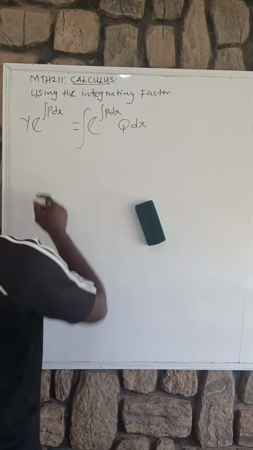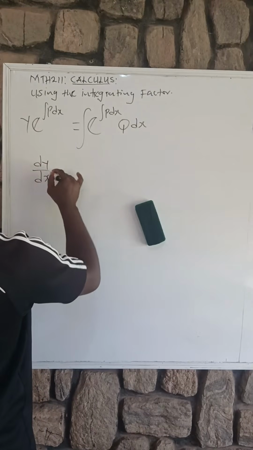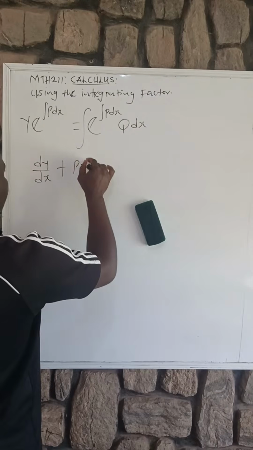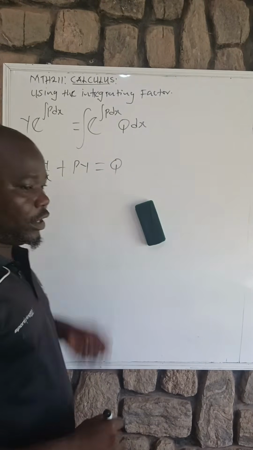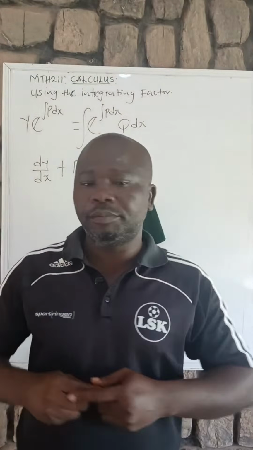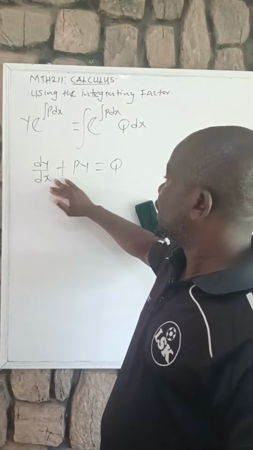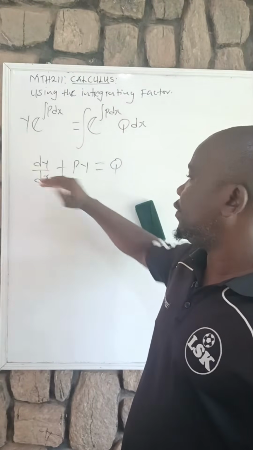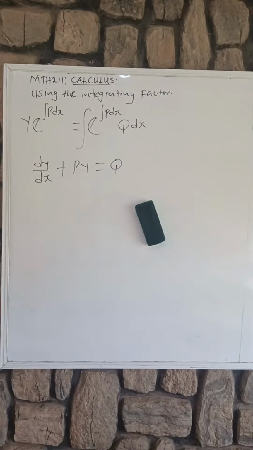And the differential equation is dy over dx plus Py equals Q. So far so good. This is what we are going to use to integrate this type of first order differential equations.